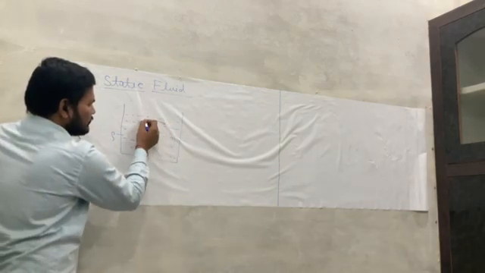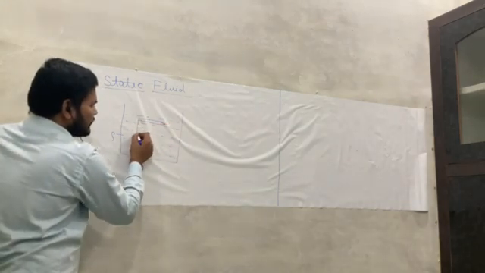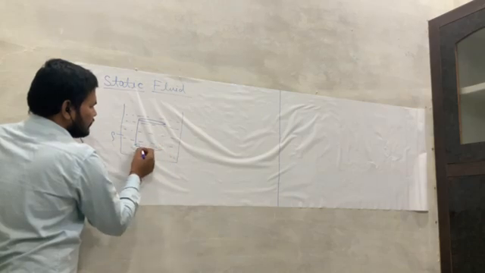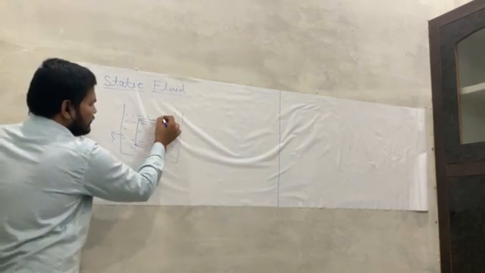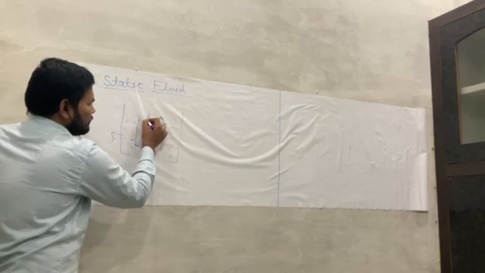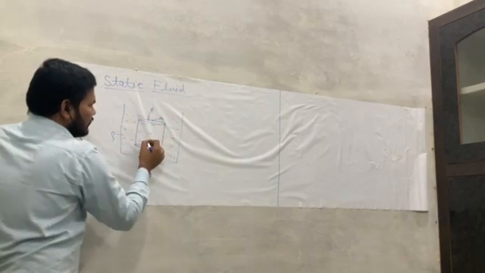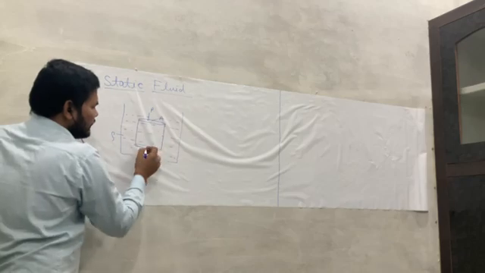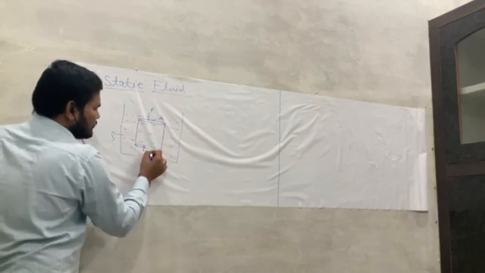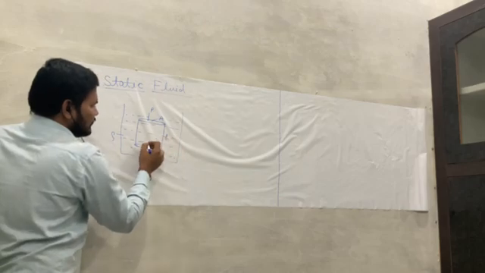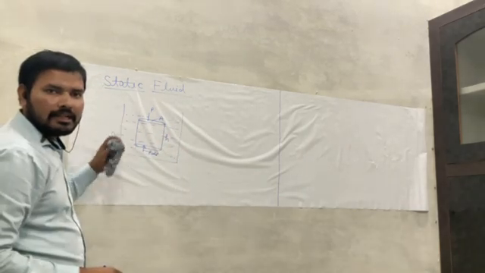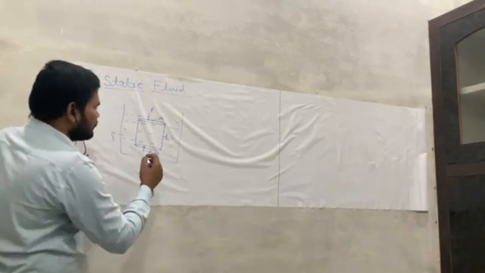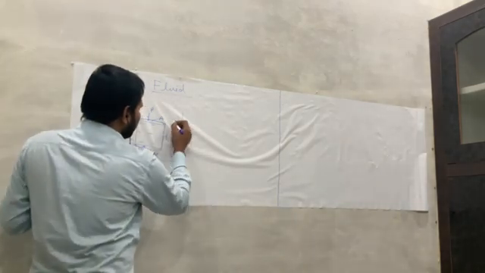We suppose a cylindrical tube in this container of area A, with upper side pressure P, lower side pressure P plus dP, and height h. It is in static equilibrium, so the net force acting on this cylindrical tube will be 0.